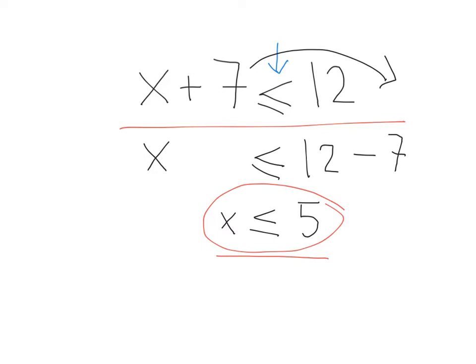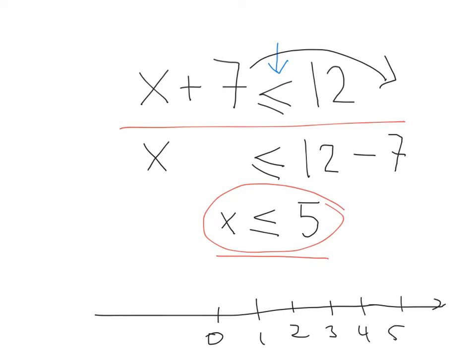So how we like to represent these solutions is with a number line. If I draw myself a little number line, 2, 3, 4, 5, 6, and over here into the negative numbers, then I could represent this solution by saying 5 would work, and everything less than 5 would work.